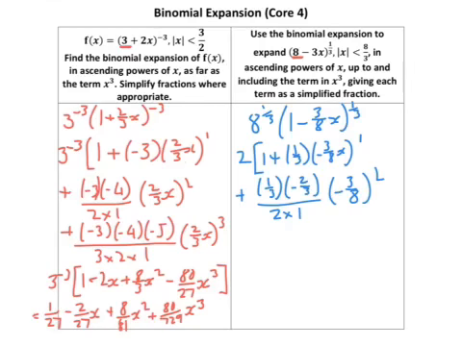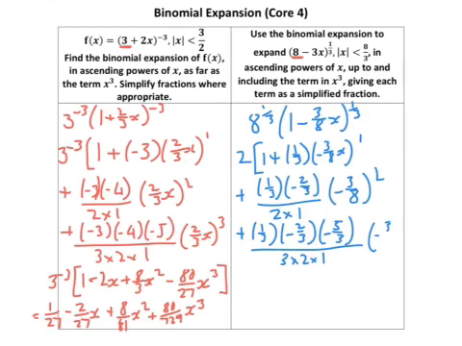Because we're going up to x cubed again, and then we're going to have a third, minus 2/3, and minus 5/3, all over 3 times 2 times 1. Okay, where are we? Minus 3/8 x cubed.